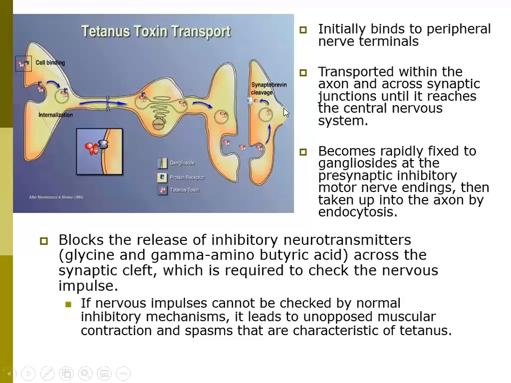It becomes rapidly fixed to gangliosides at the presynaptic inhibitory motor nerve endings, and then it is taken up into the axons by endocytosis.